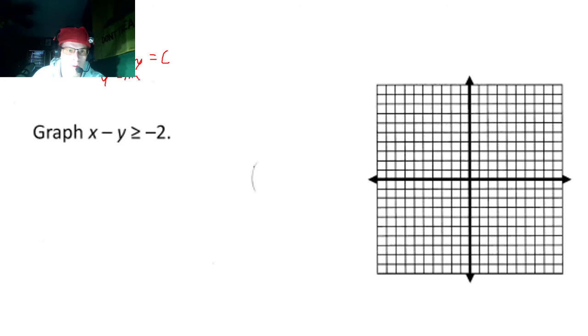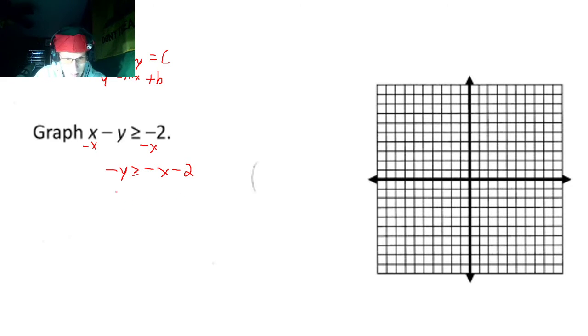Remember, slope-intercept form is y equals mx plus b. Okay? So that means what we're going to do first is we're going to subtract x from both sides. We're solving for y. So negative y is greater than or equal to negative x minus 2. Alright?